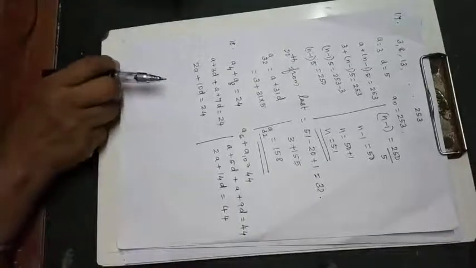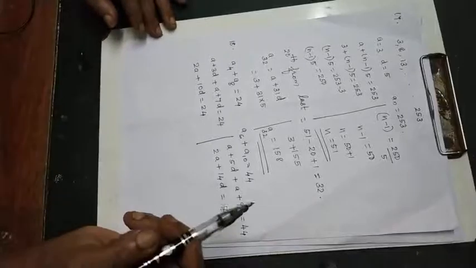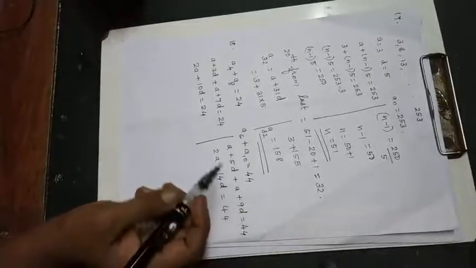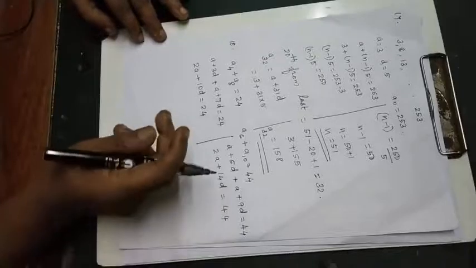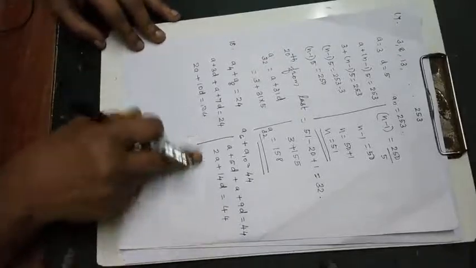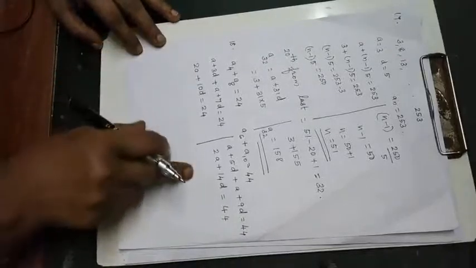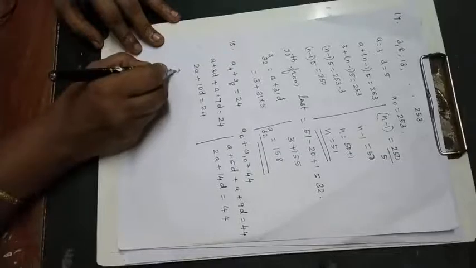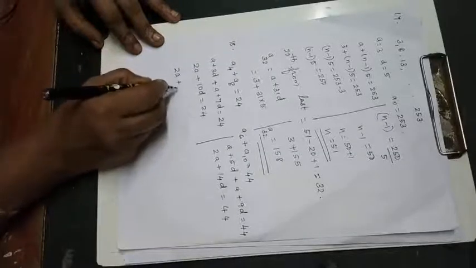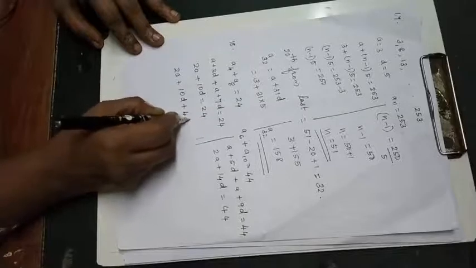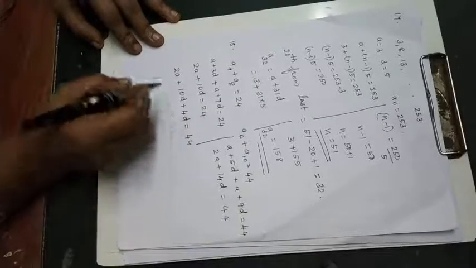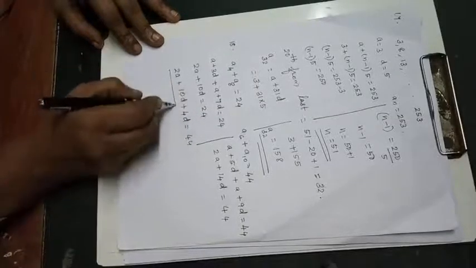You can solve this one either using the linear equation method or the method we discussed here. So here split this one. 2A plus 14D can be 10D plus 4D, that is equal to 44. 10D is equal to 24.